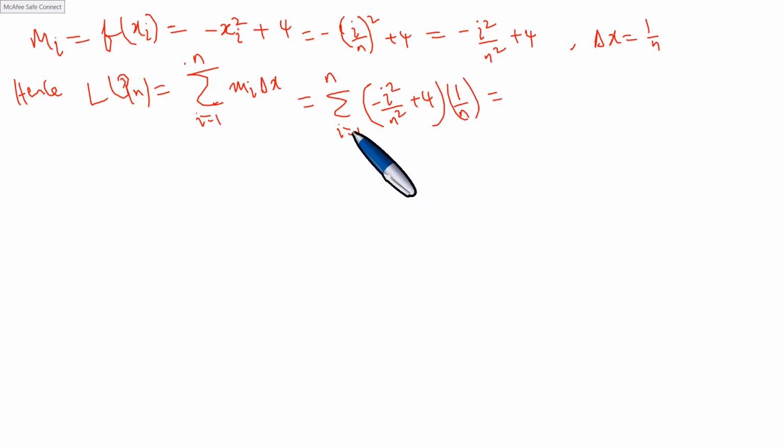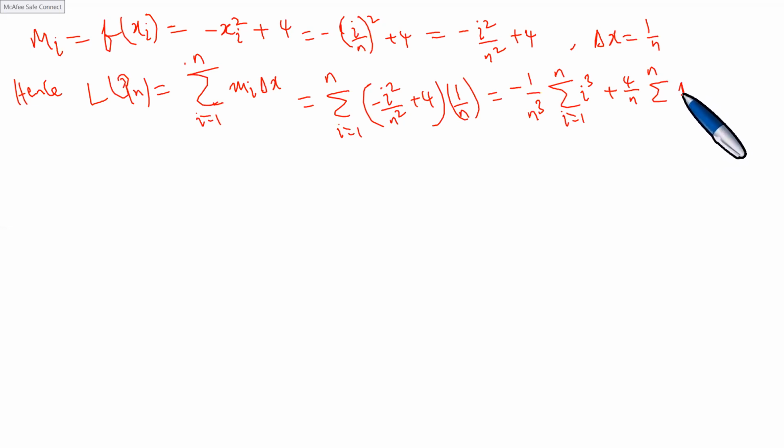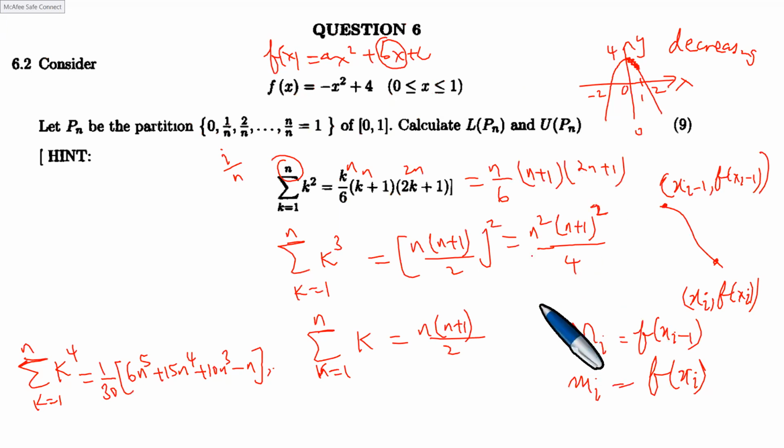The only variable here is i. Everything else can be taken outside the sigma sign. So it's minus 1 over n cubed times the summation of i squared, plus 4 over n times the summation of 1.